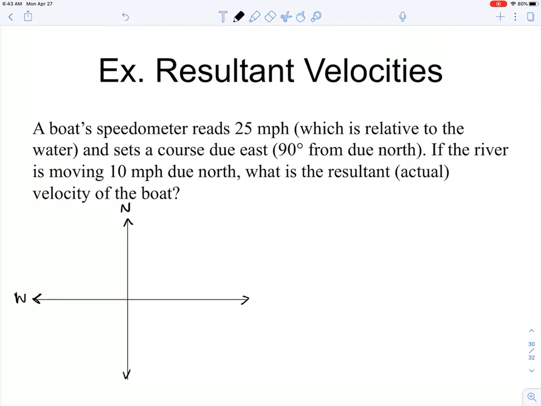Okay, so in this plane, I'm going to label, this is north, west, south, and east.